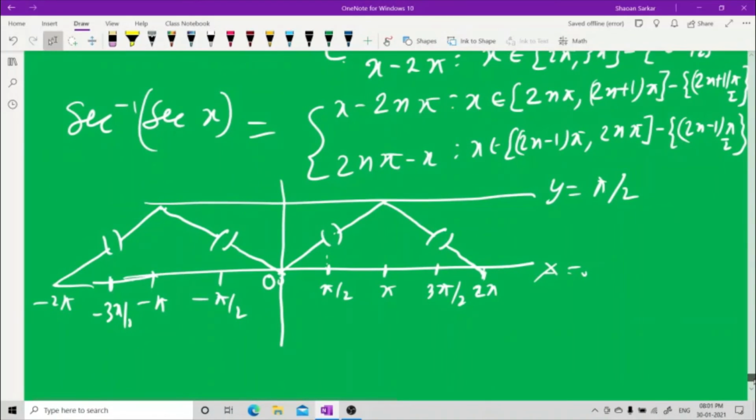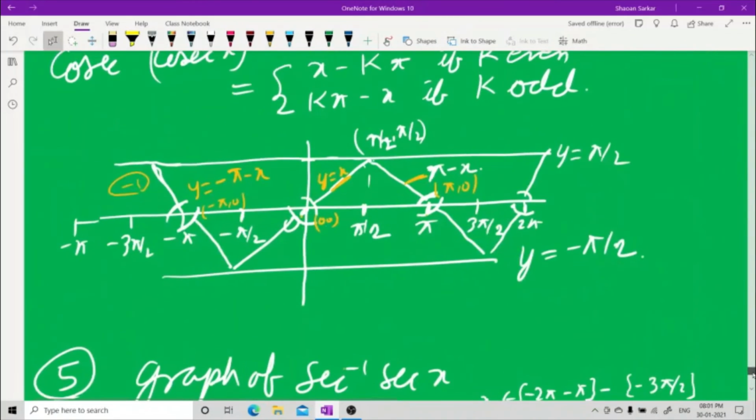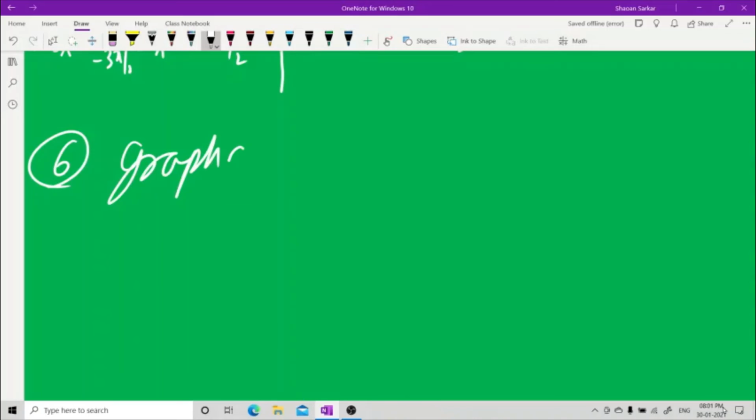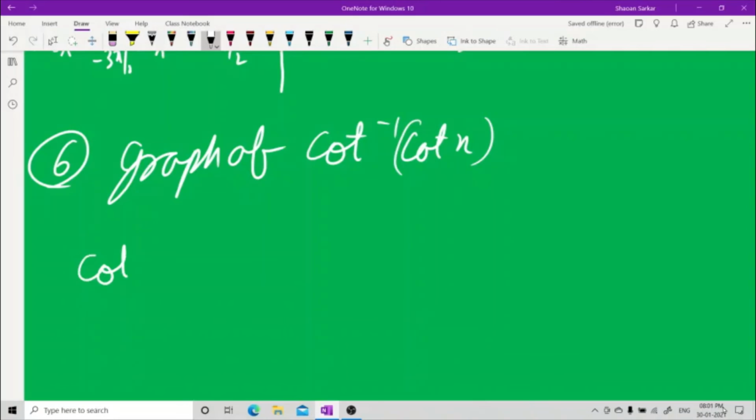This is the fifth and sixth, the last one. Sixth. This is the graph of cot inverse cot x. It will be similar to that of tan inverse tan x, cot inverse cot x.